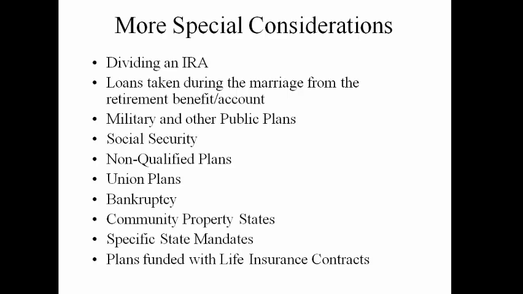Sometimes a plan is funded with a life insurance contract or an annuity contract. And when you get to divide typical plan assets, the typical division anticipates that there's going to be cash.